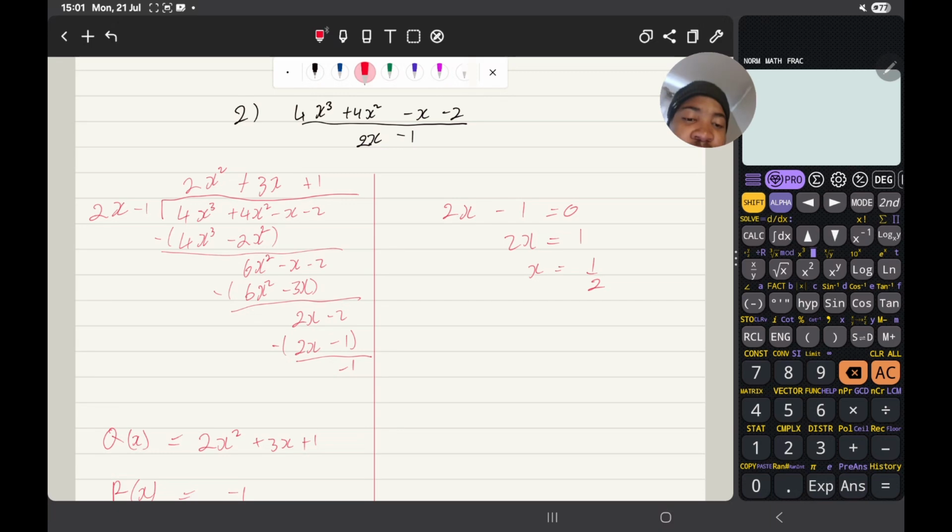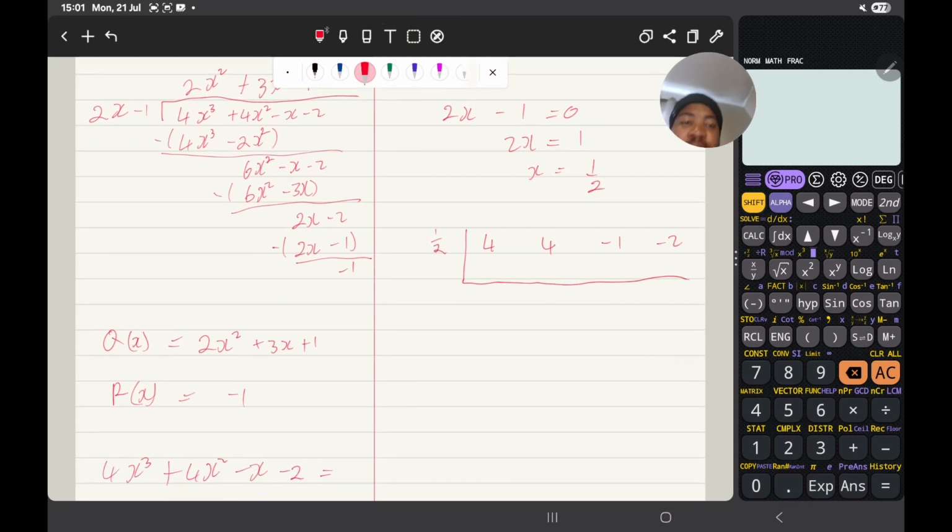So you write 1 over 2, then the coefficients 4, 4, minus 1, minus 2.